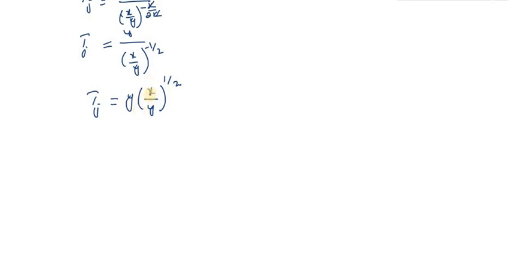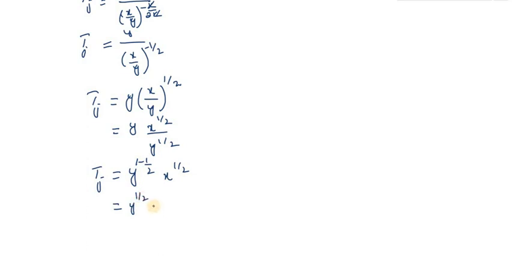So the value of y is 1 minus half and the value of x is half. So we get here the jth term y to the power 1 minus half, x to the power half, and 1 minus half is half.